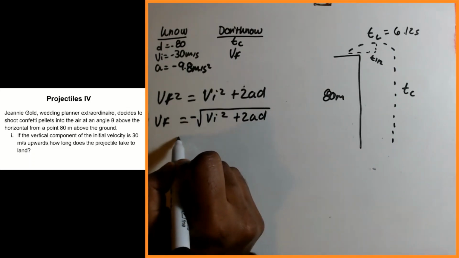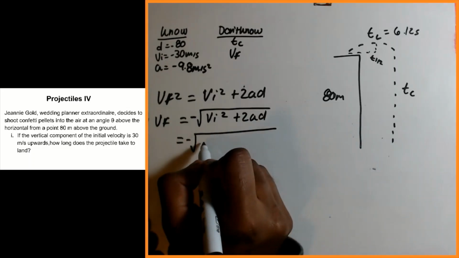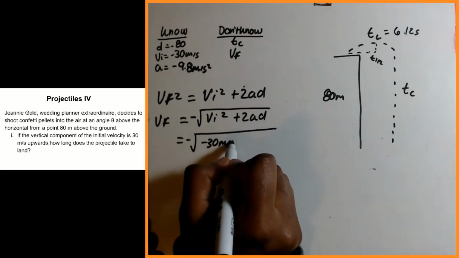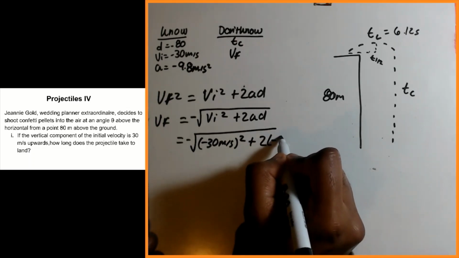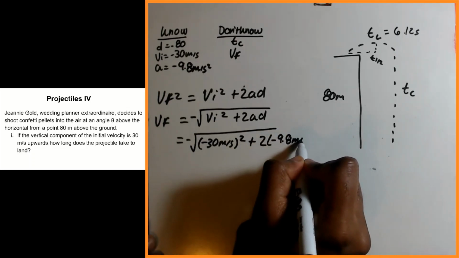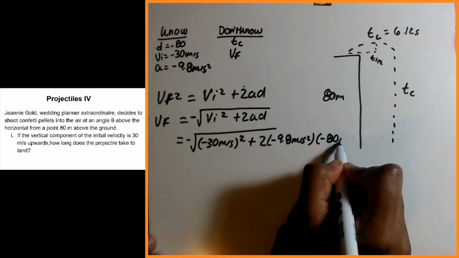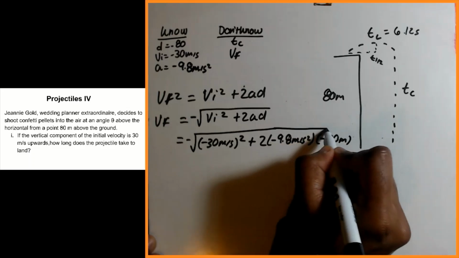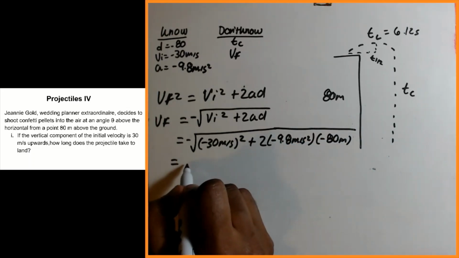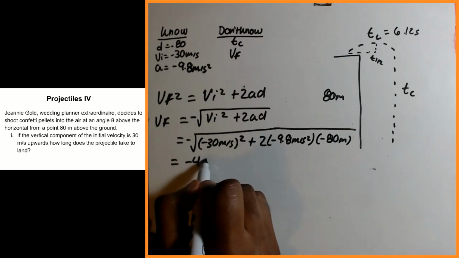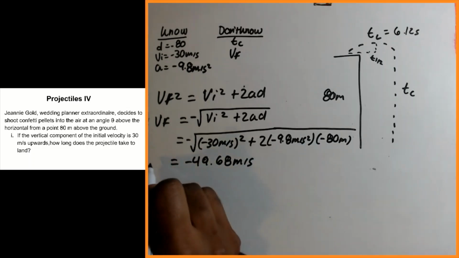So this becomes negative square root of minus 30 meters per second squared plus 2 times negative 9.8 meters per second squared times negative 80 meters. If I plug that all into the calculator, I get negative 49.68 meters per second for my VF.